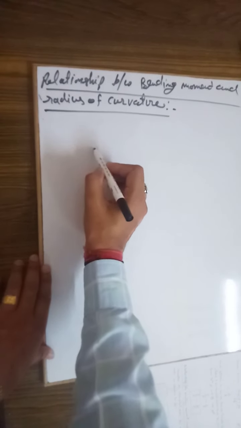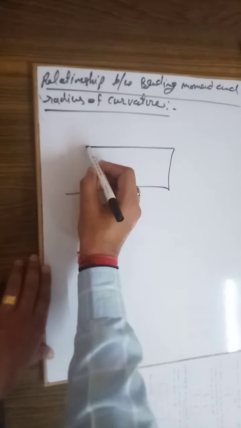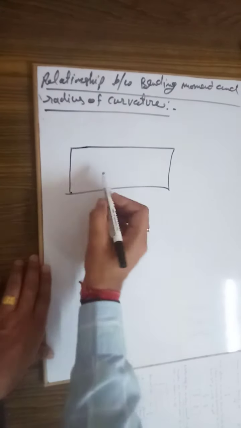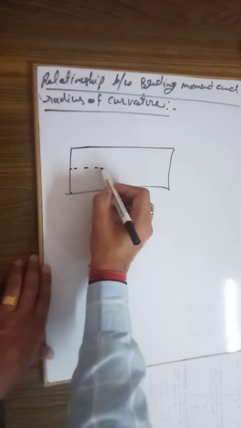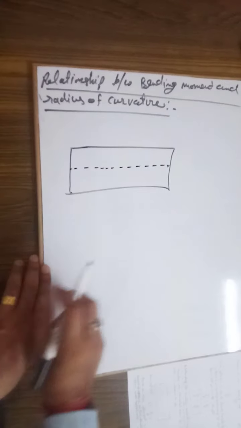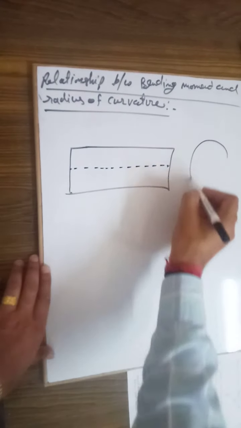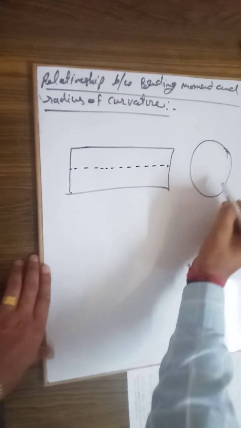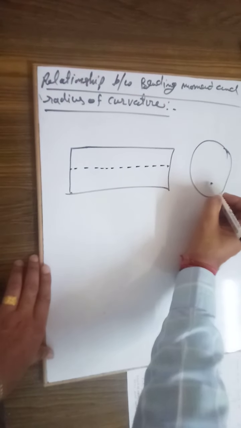In my previous diagram, this is the neutral axis. Let us consider this structure, and this is the curvature part.